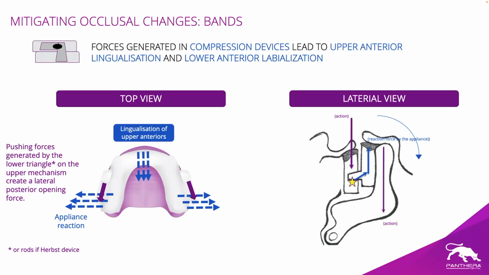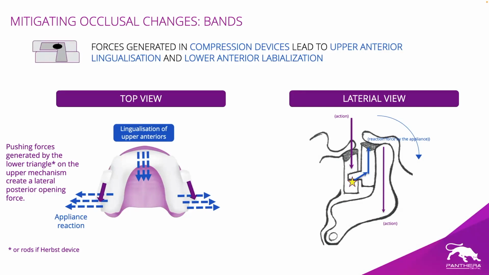And remember, when we talked about forces, it's what vector or what direction they're going. When I'm showing you the occlusal surface, so this is the incisal, this is the occlusal, and when we push down, you can see we potentially get a widening of the appliance.